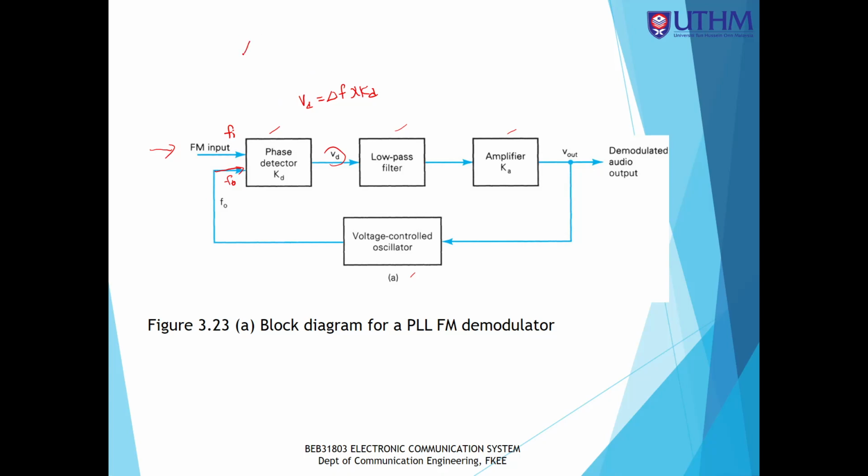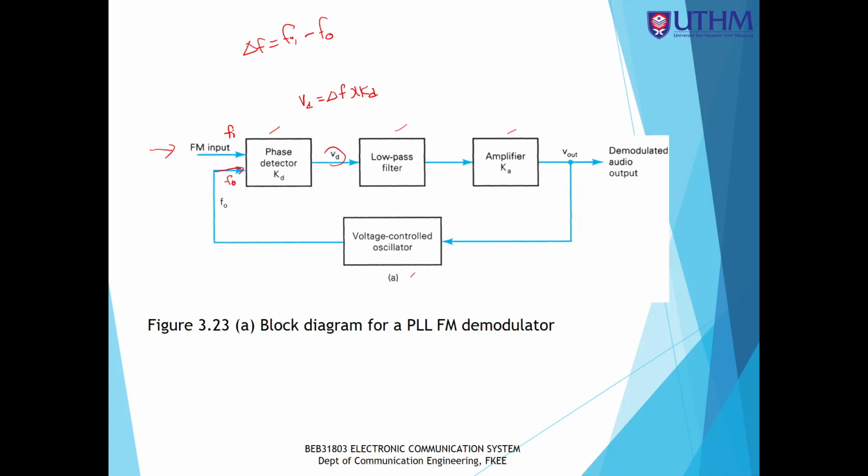Delta F is equal to the difference of the input frequency Fi minus the frequency from the voltage control oscillator.